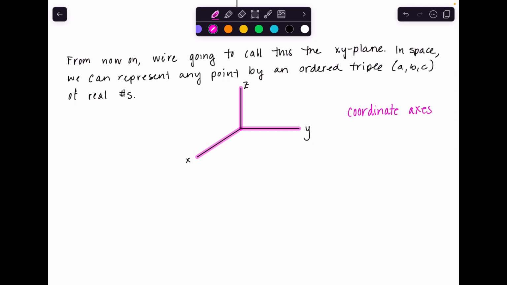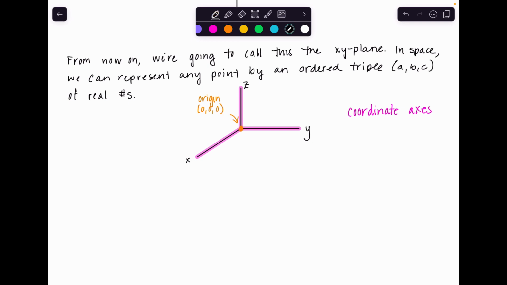Okay. The origin is the point at the center still. Let's do it like this. And it has the coordinates 0, 0, 0. So you move nothing in any direction.